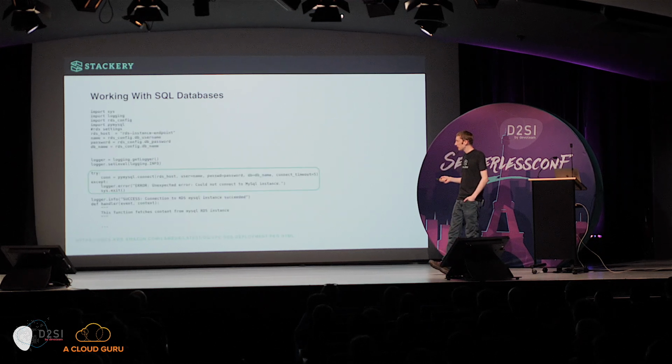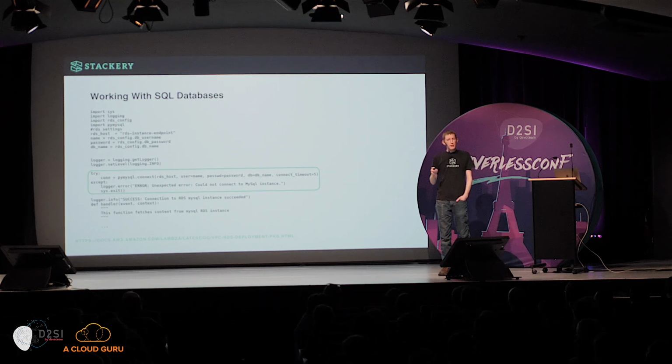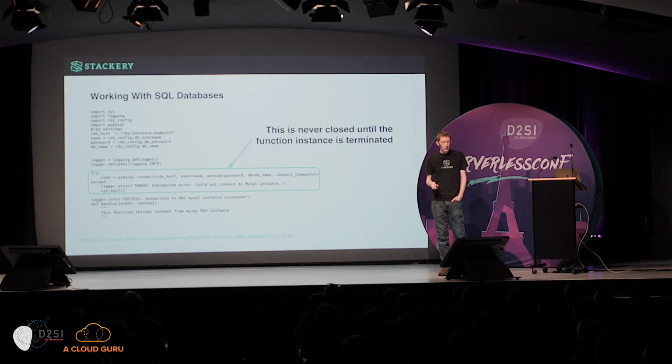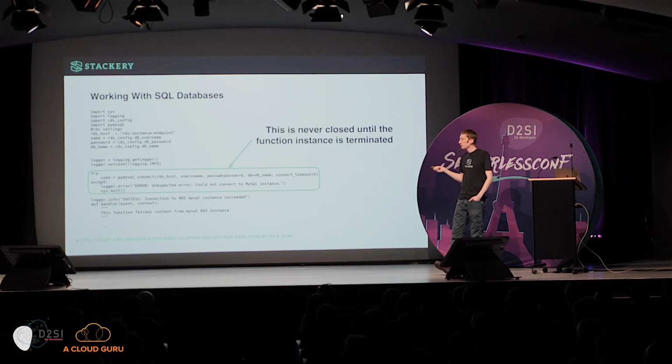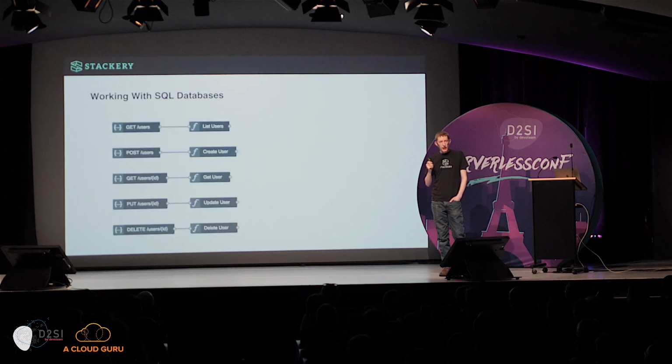So the problem here, if we go back to our code, is that when we're running our functions, after they've run, that connection to the database still exists, even while the function is sitting idle. Let's look at an example of how this can be problematic.